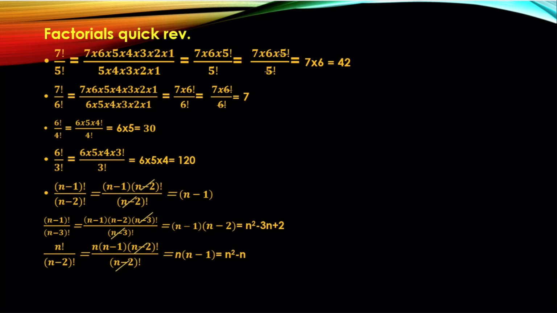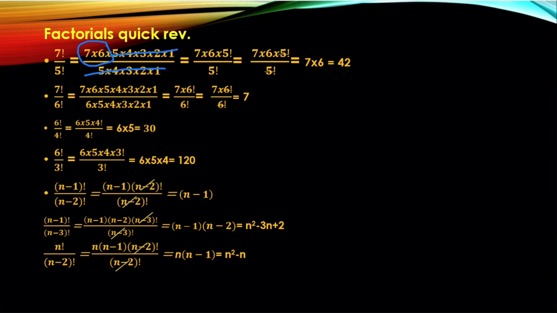When we have factorial of 7, we can prolong it and make 7 times 6 times 5 times 4 times 3 times 2 times 1. Dividing by factorial of 5, which is 5 times 4 times 3 times 2 times 1, we can cancel 1 with 1, 2 with 2, 3 with 3, 4 with 4, 5 with 5. We end up with 7 times 6.